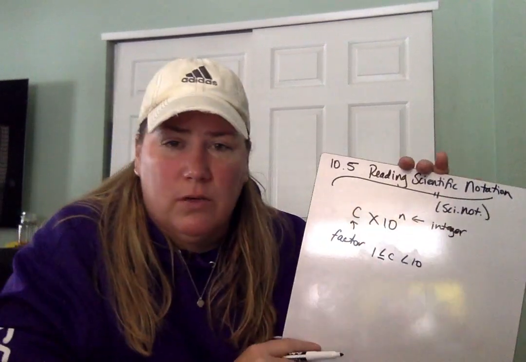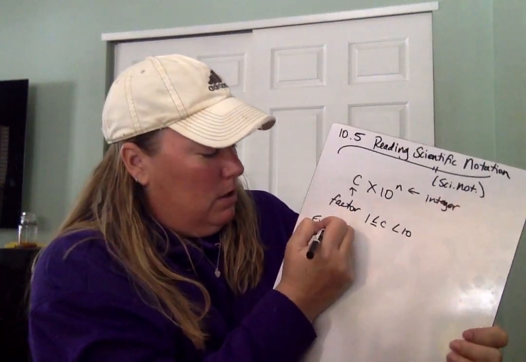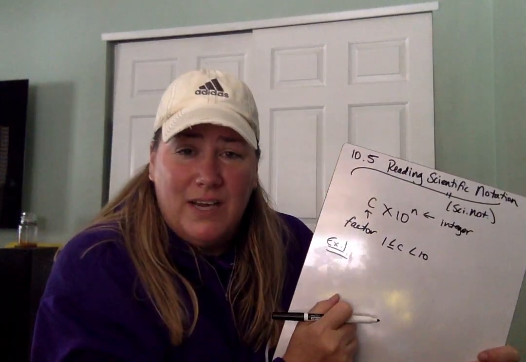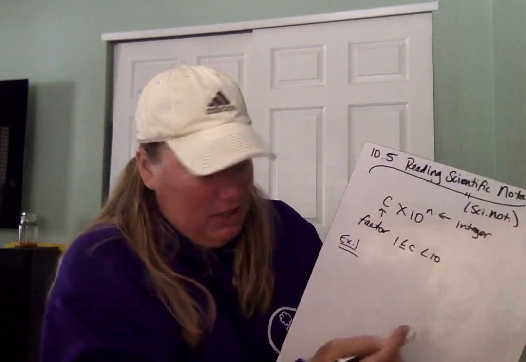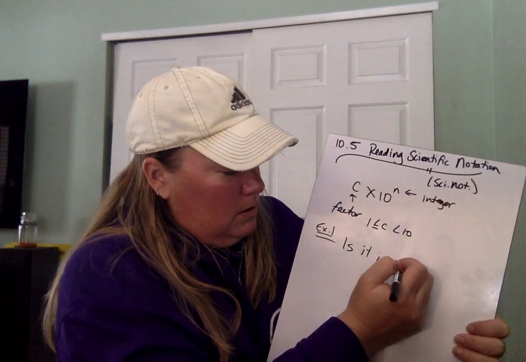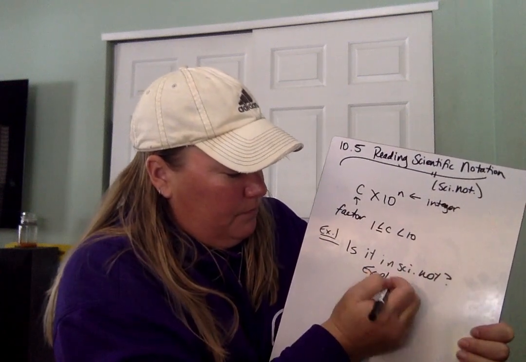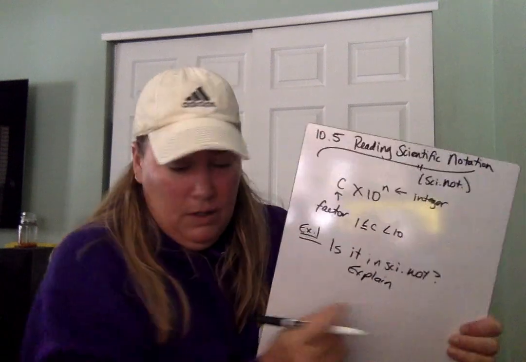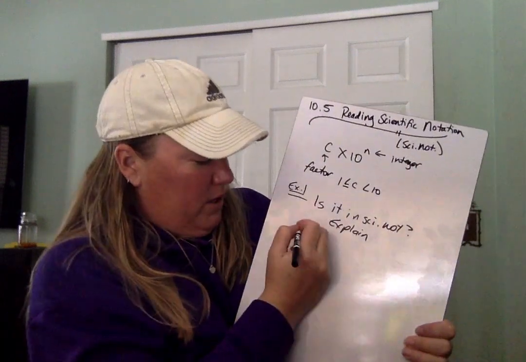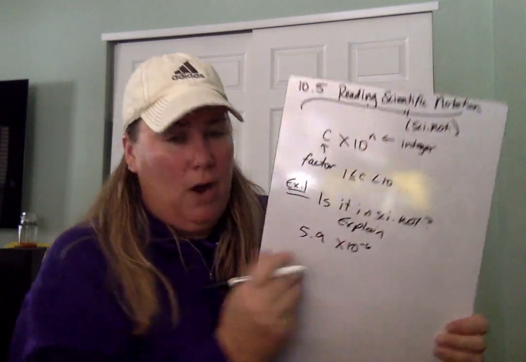So today we're just going to work with some basics of scientific notation. Example 1, it's asking us just to identify if the number is in scientific notation. So is it in Sci-Not? And explain. All right, so we have 5.9 times 10 to the negative 6 power.